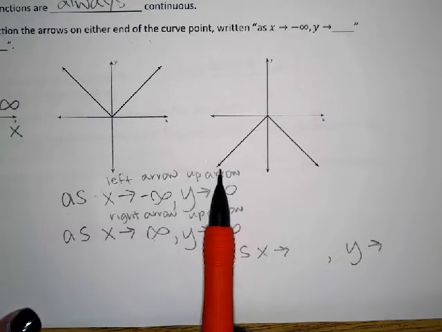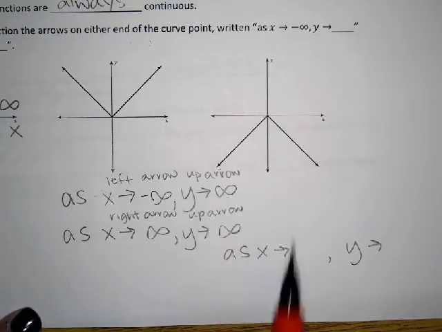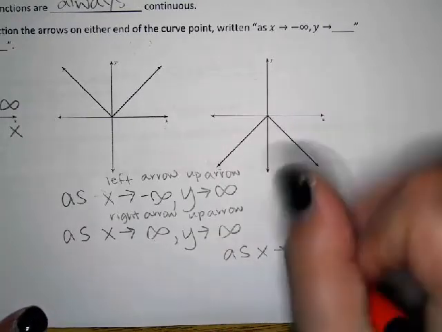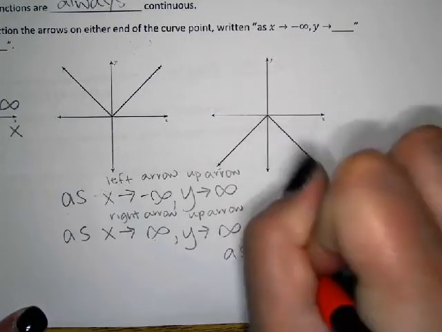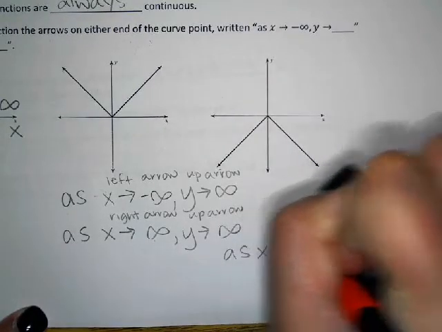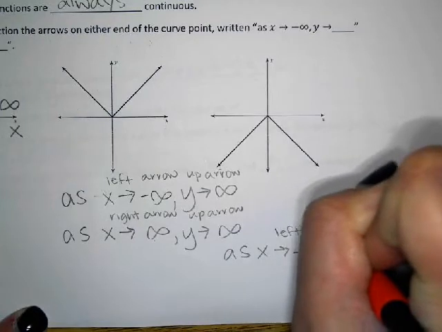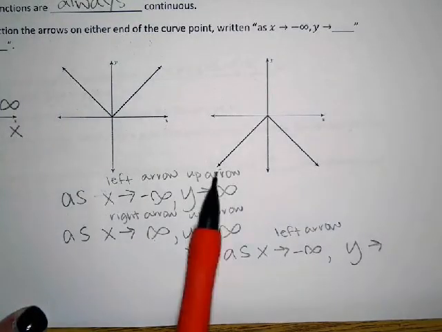So we're going to say, okay, this one is a left arrow. It's a left arrow that points up or down? Down. Yep.